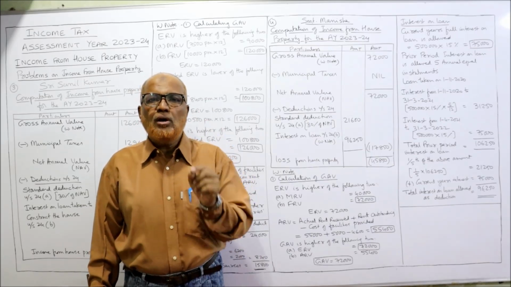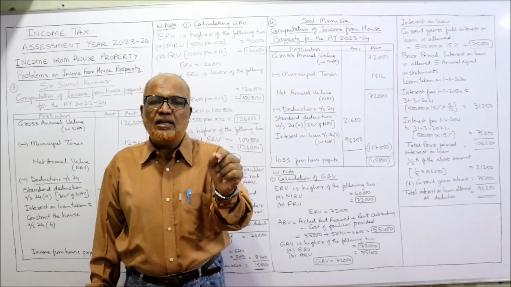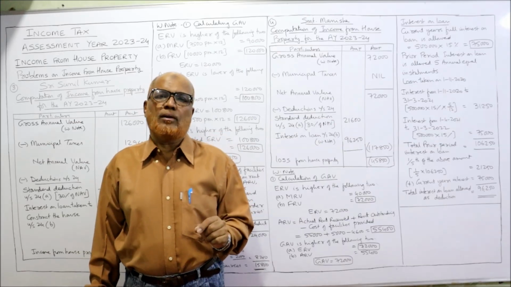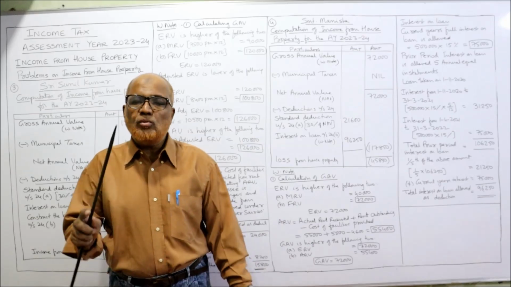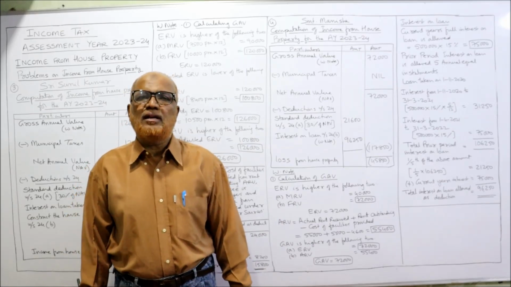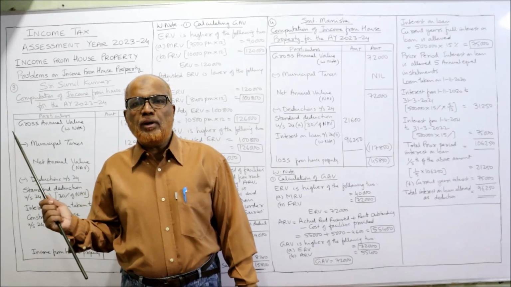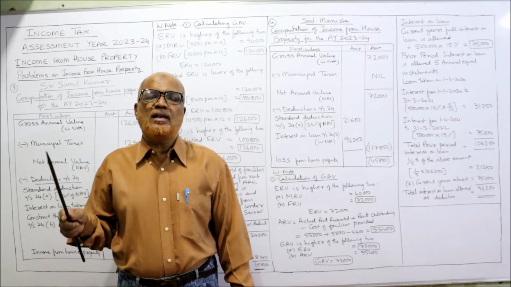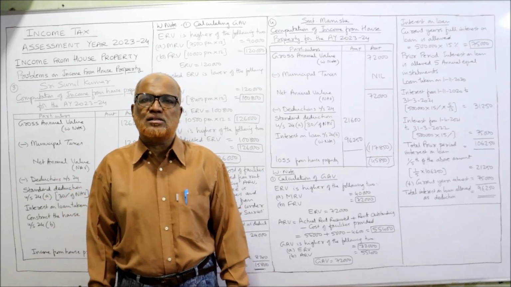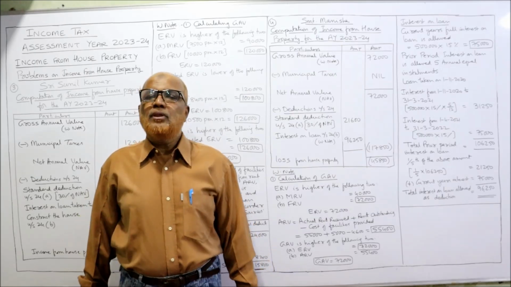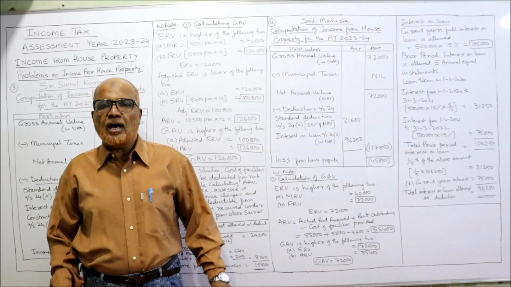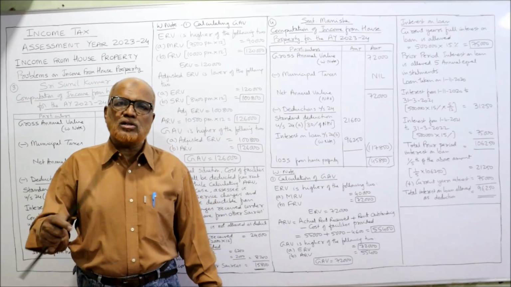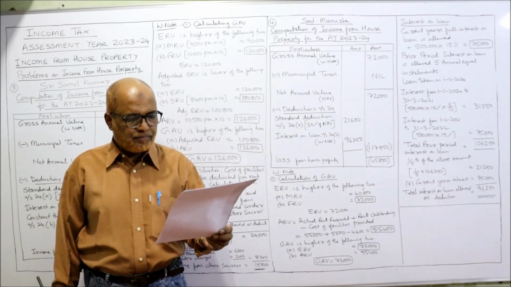From 60,000, the cost of facilities provided by the owner, 4,600, will be deducted. Then only we'll get ARV. In the previous problem, the owner specifically charged some service charges. But in this problem, the owner has not charged any service charges, directly providing the services. The cost incurred will be deducted.